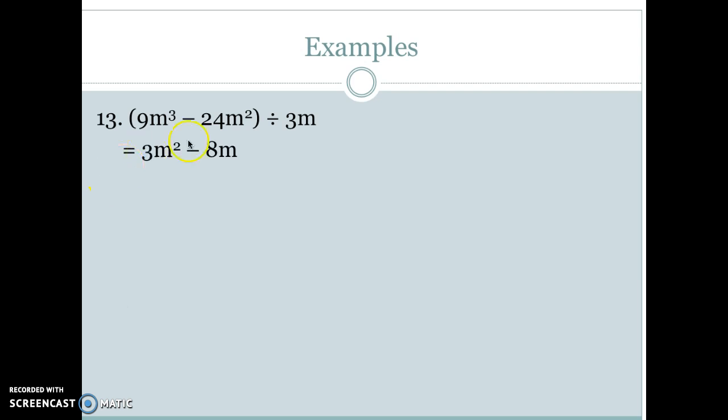So we take 9m cubed and divide it by 3m. 9 divided by 3 equals 3. M cubed divided by m equals m to the 3 minus 1, so m squared. Minus 24 divided by 3 is 8, and m squared divided by m, one of the m's cancels out on top, and we're left with just an m. So our answer is 3m squared minus 8m.